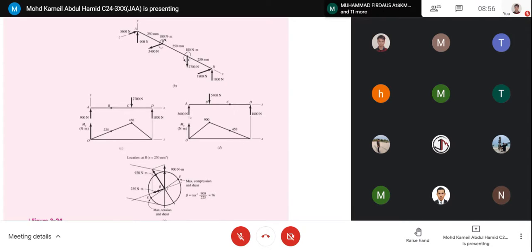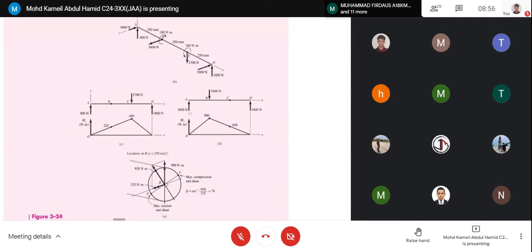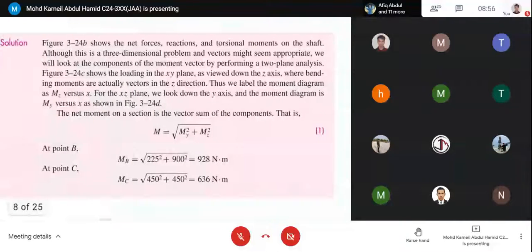So for the FBD and the shear diagram and bending moment diagram, 900 Newton goes up, then horizontal 2700 goes down. So please recall.